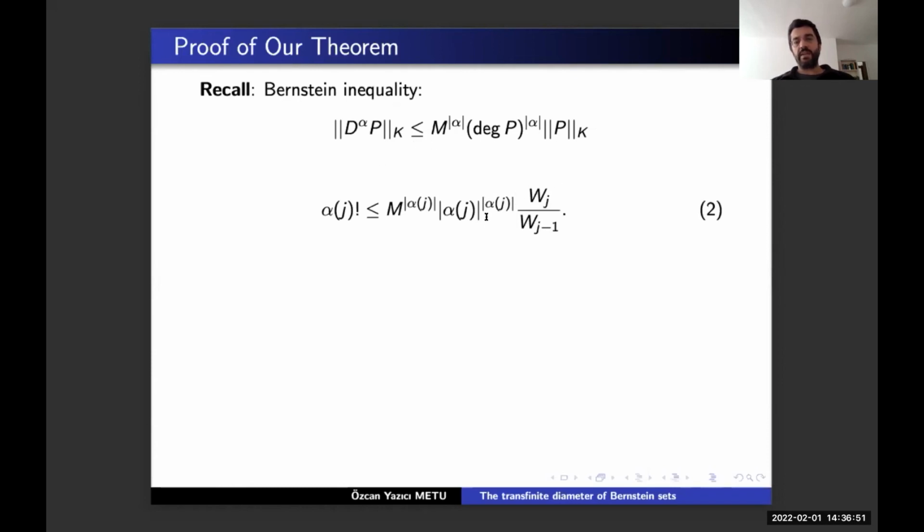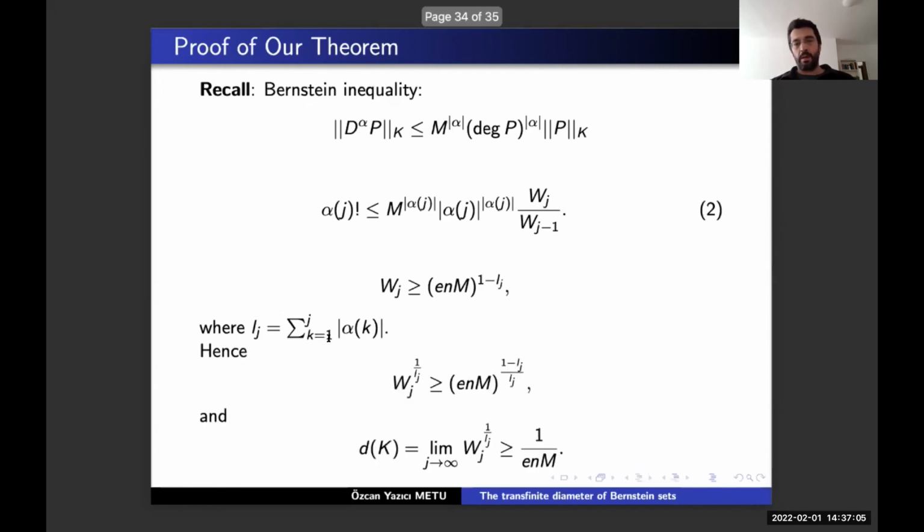Then we apply this inequality several times, and we obtain that W_j is bigger than or equal to (eNM) to the 1 minus l_j. Here, l_j is the sum of all orders up to j. And we take the power of both sides, 1 over l_j. Then we take the limit.